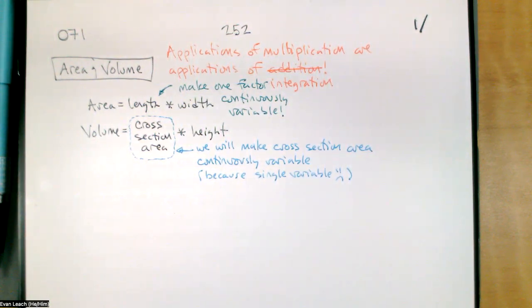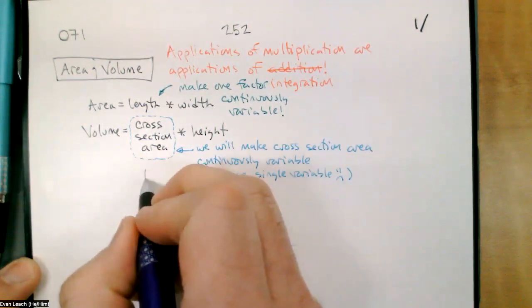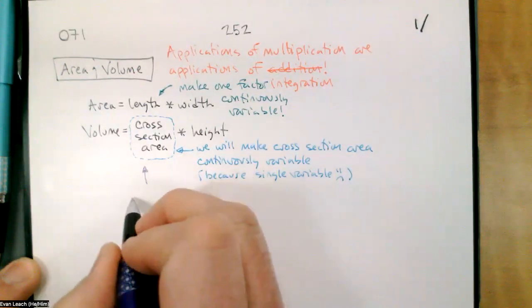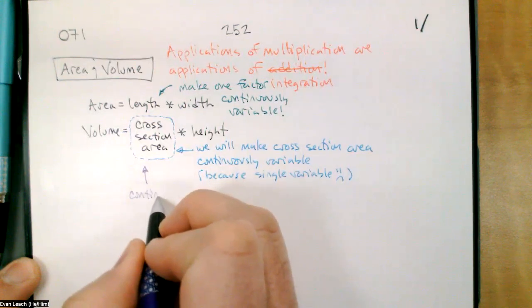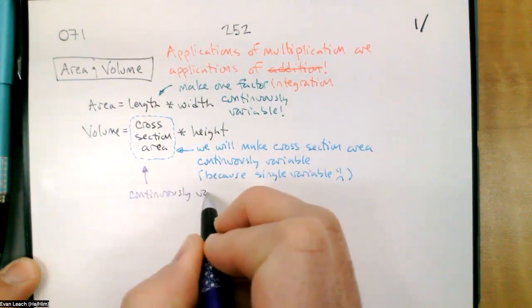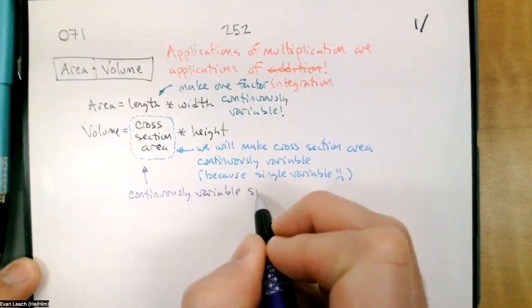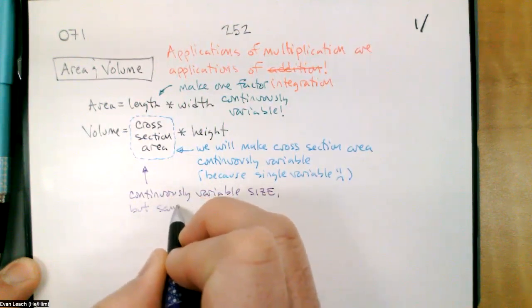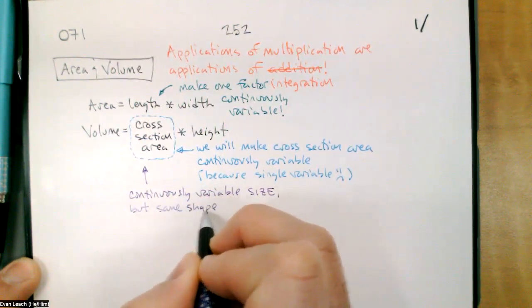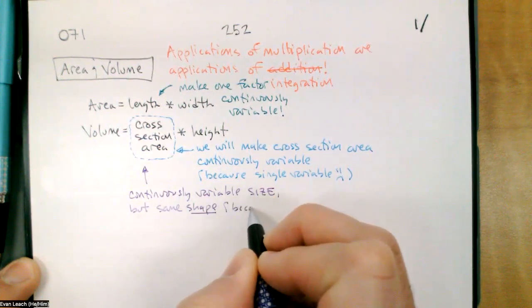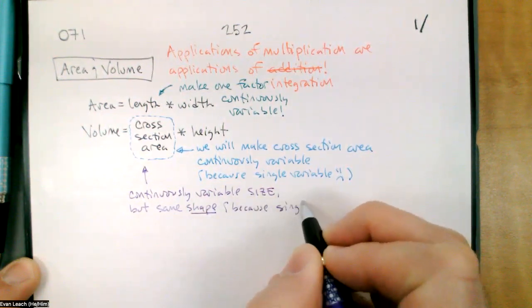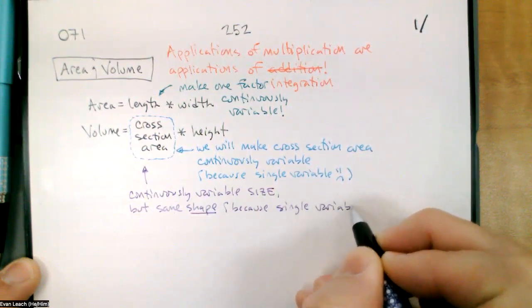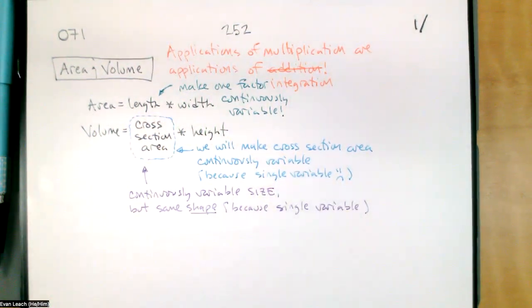It can alter its size, but it has to maintain its shape. Because once again, we're doing single variable calculus.